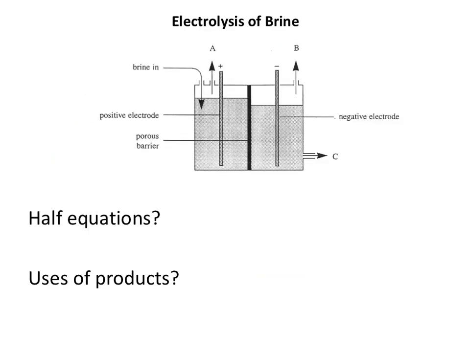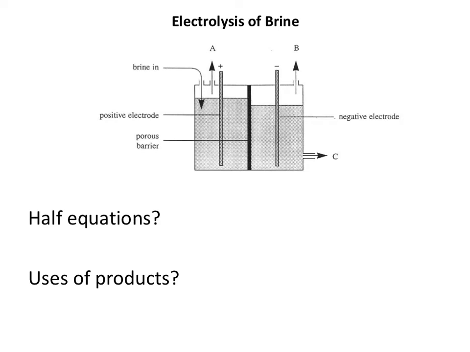Here's what the electrolysis cell would look like roughly. In here the brine flows and it would be pushed through the cell and there'd be an outlet on the opposite side.